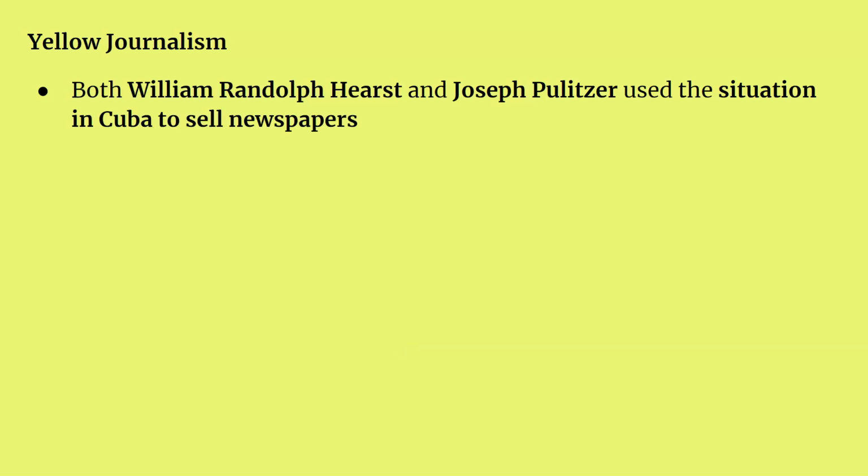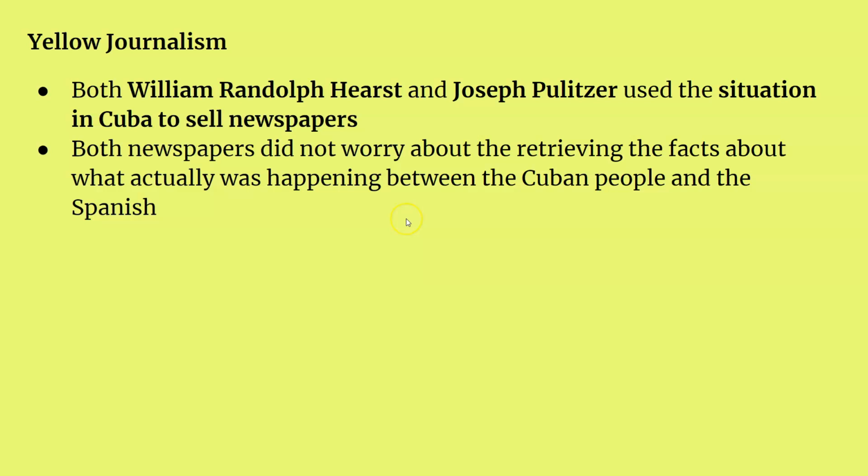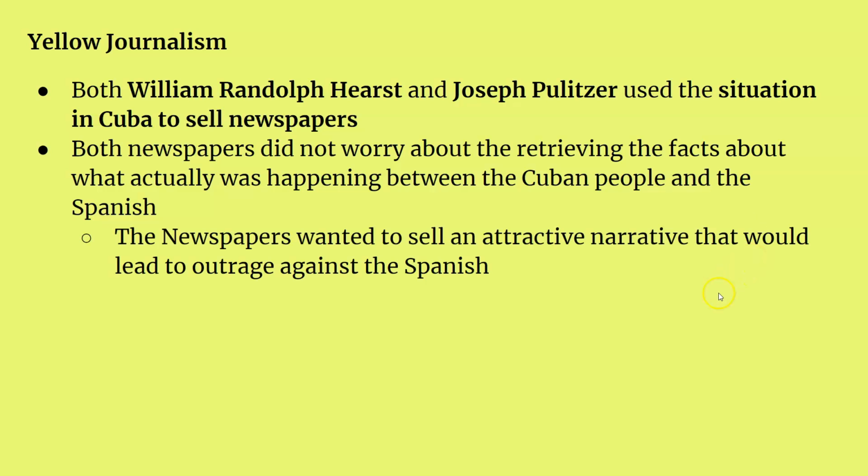So, going back to Cuba, William Randolph Hearst and Joseph Pulitzer were being made aware of the Cuban situation, but they didn't really have all the facts. But they would release information that there were terrible things going on, and they would release that information as best they could to get newspaper sales. It was hard to get the facts, but they just kind of made some of them up, and they wanted to spin an attractive narrative to lead to outrage against the Spanish.